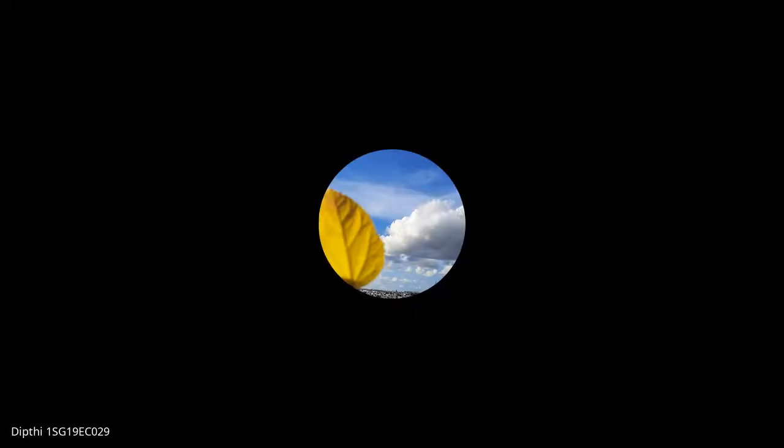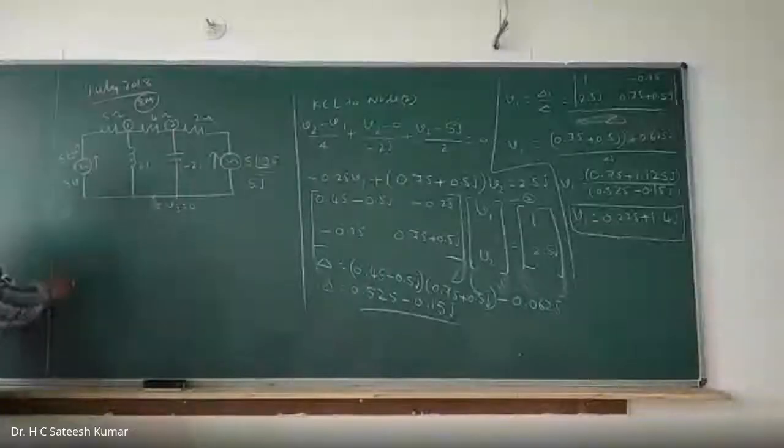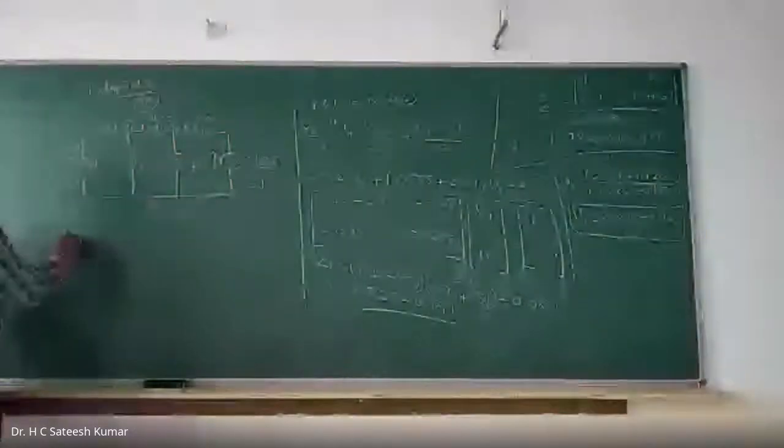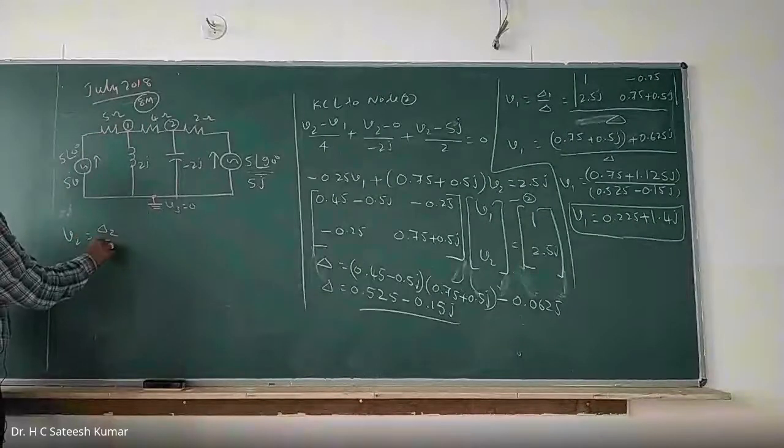Can you explain again V1, sir? Now V2 value. V2 is equal to delta 2 divided by delta.